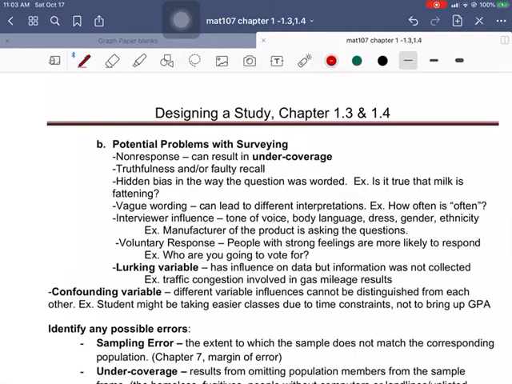Voluntary responses: we mentioned that people who have stronger feelings are more likely to respond. A lurking variable has an influence over the data, but the information was not collected. They found out when they were first trying to figure out mileage of cars.